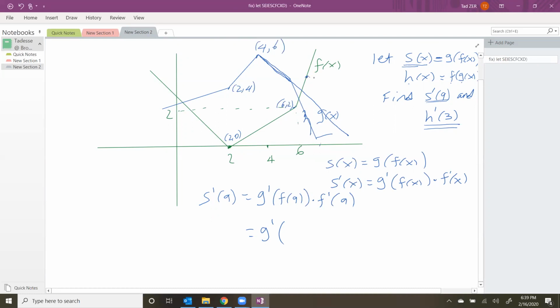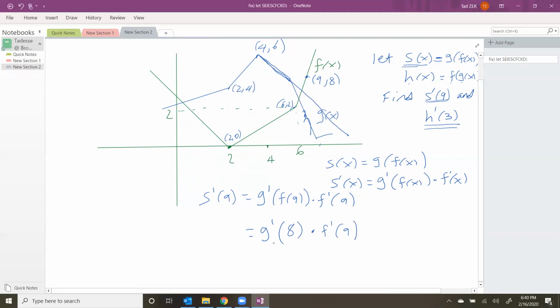The value of f at 9 will be 9 comma 8. This is given. All these points are given. I'm reading from the graph. So f at 9 is 8. So I'll just plug in 8 times f prime at 9.